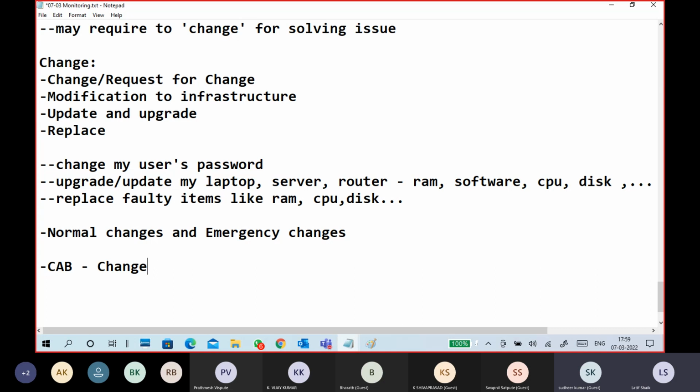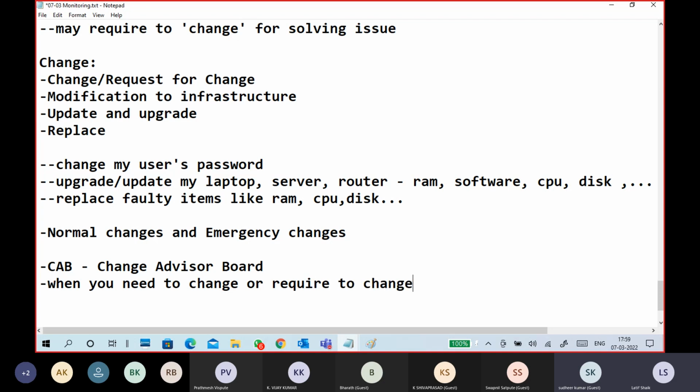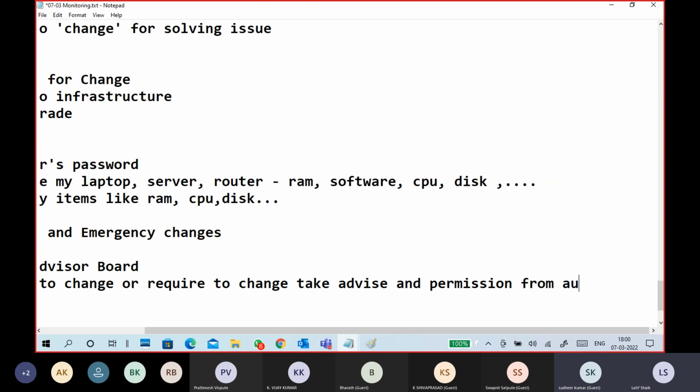CAB, change advisory board. Next, remember guys, when you need to change or are required to change, take advice and permission from the authorized authority.